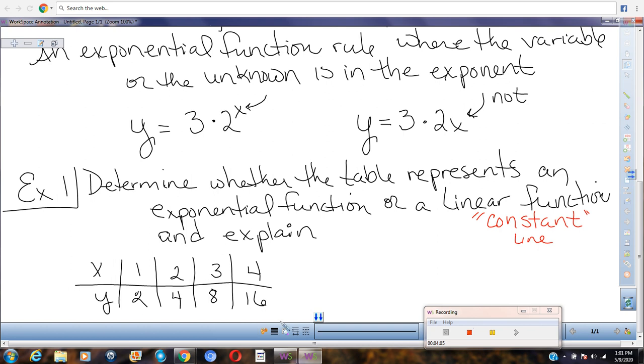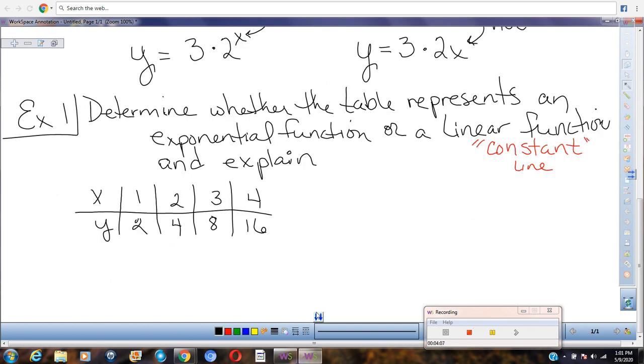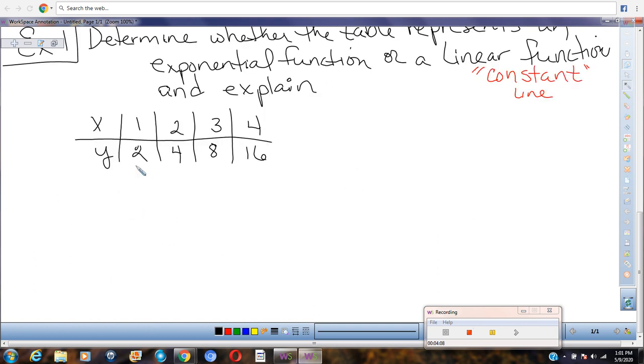Let's look at the table. If you look at these numbers, this one grows by 2, then by 4, and then by 8. You can tell that this is not a constant growth. Therefore, this is an exponential function.